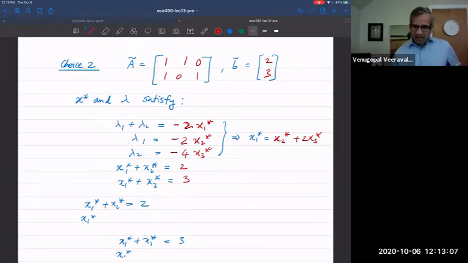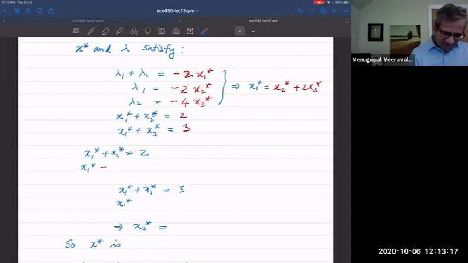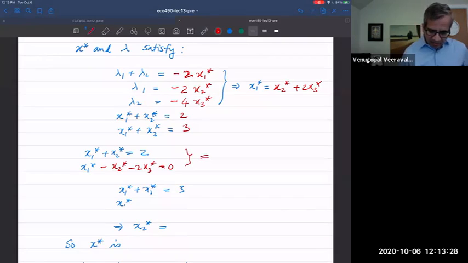Again, this is straightforward solving. From this equation up here, apply that in here: x1 star minus x2 star minus 2x3 star equals 0. Adding these two, you get 2x1 star minus 2x3 star equals 2.